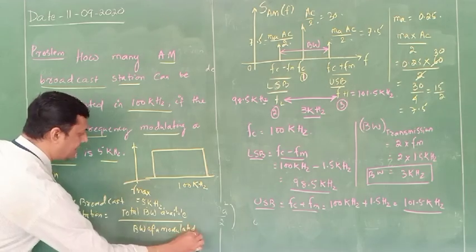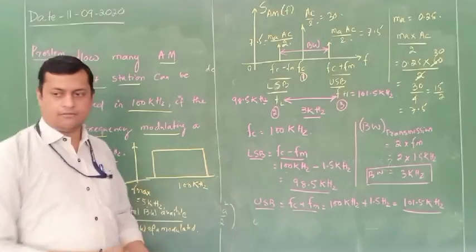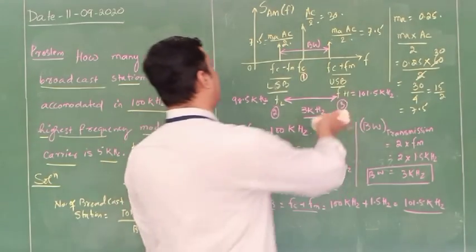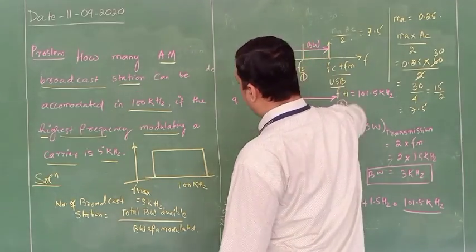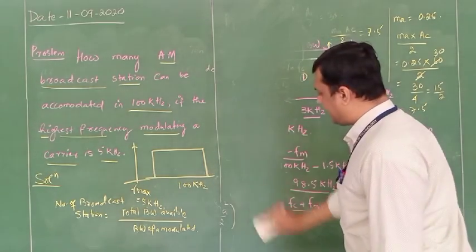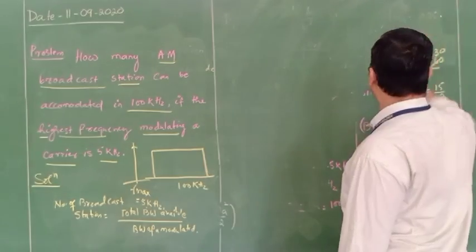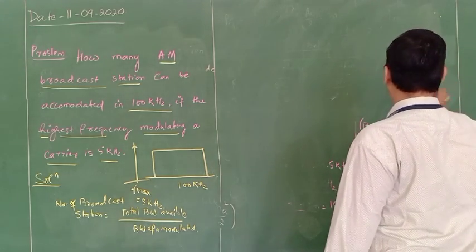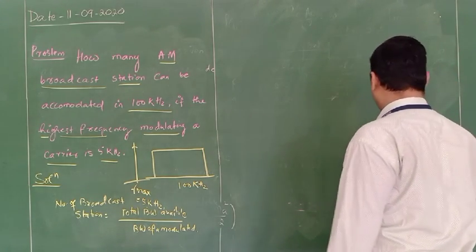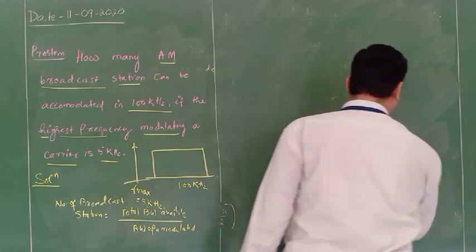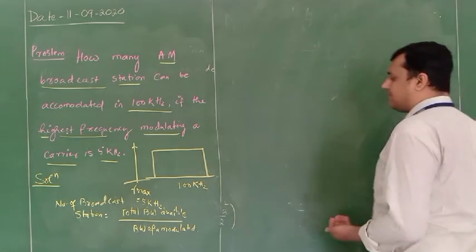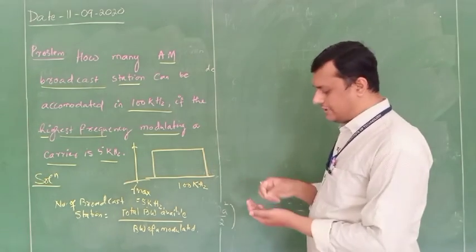So this is the ratio. Now, how to calculate the bandwidth of a modulated signal? This modulated signal is one component I am saying. Okay, this modulated signal is only one, because only one frequency component is given, so you can identify the bandwidth for that modulating signal.